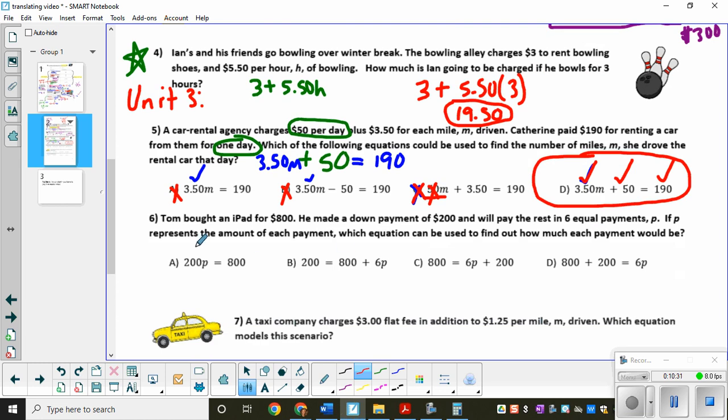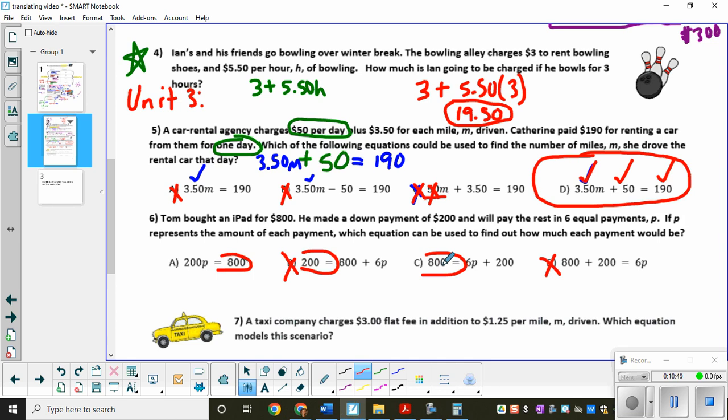All right, for number 6, Tom bought an iPad for $800, so we should be seeing an equals 800. We do not see equals 800 for B. We do see it for C. We do not see it for D. So I do see it here for A, it equals 800.